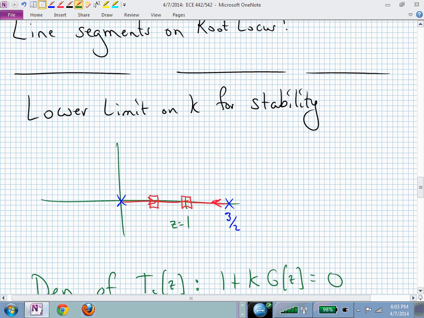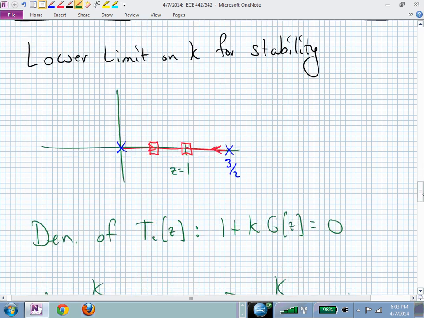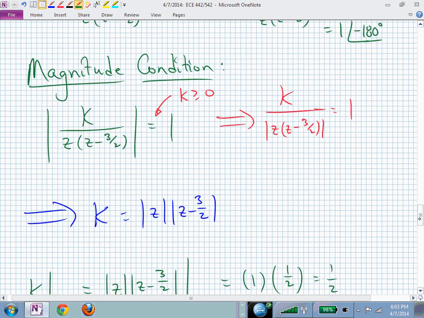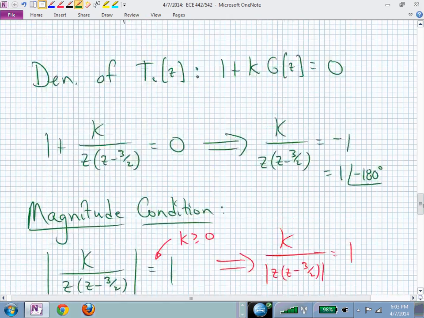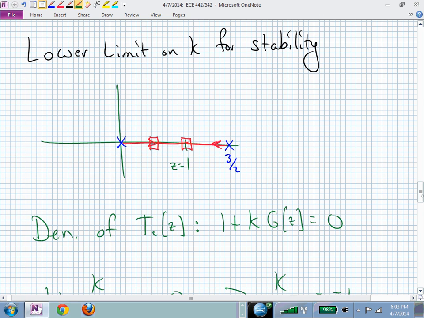How did you find maximums before? Derivatives, didn't you? We could do it numerically. We have the equation for k. There's our equation for k. We could just keep plugging in k values where we're interested in points between 0 and 3/2.